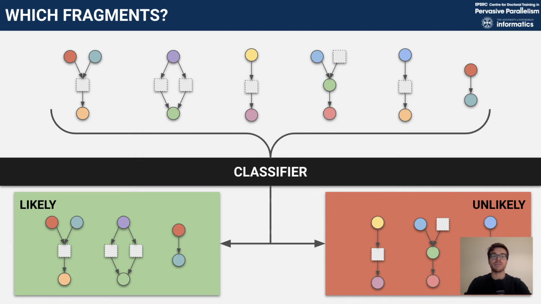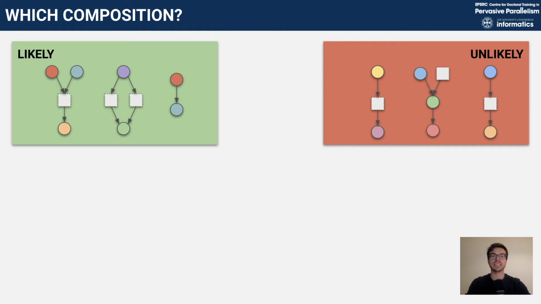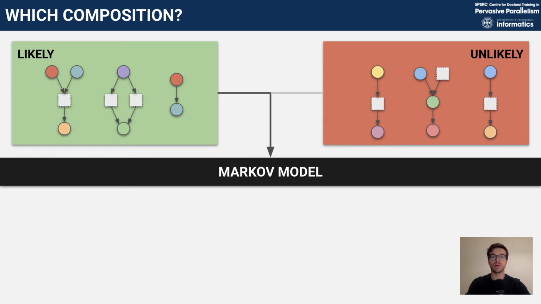The second of Preston's 2 probabilistic models aims to predict from these 2 sets what composition of fragments is the most likely to produce a correct solution. To do this, we use a Markov model. Our semantics for fragment composition permit a linear representation of any composition, and so we can use Markov models to generate sequences of fragments that represent composed sketches.